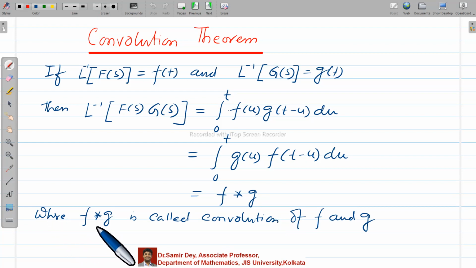Here f star g is called the convolution of f and g. So this is the statement of convolution theorem.